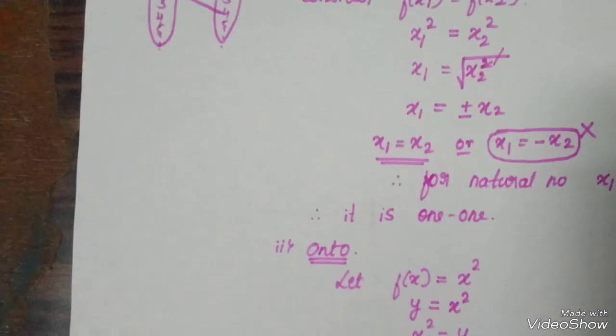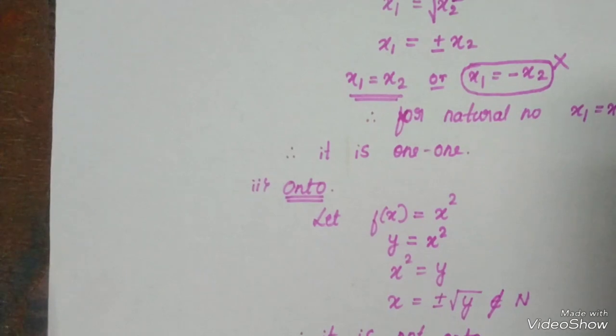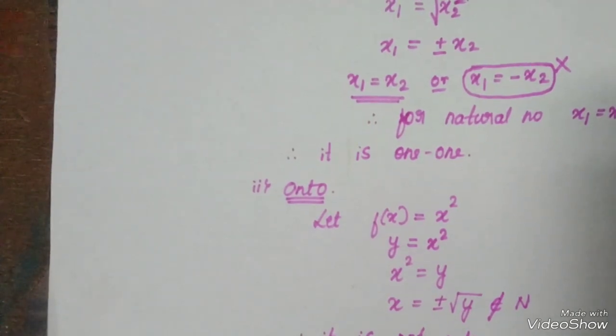So a function f from N to N given by f of x equals x square is one-one but not onto.